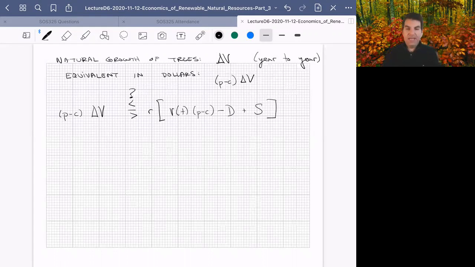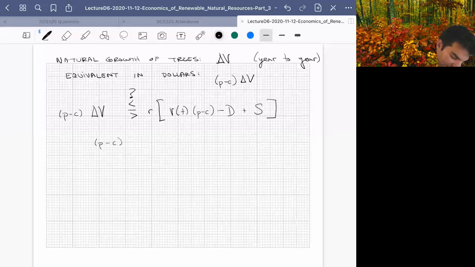And so if you do a little bit of division here, that's basically saying, how does the return I get from my trees compare, if I divide both sides by that big thing on the right, except I leave the R over there.